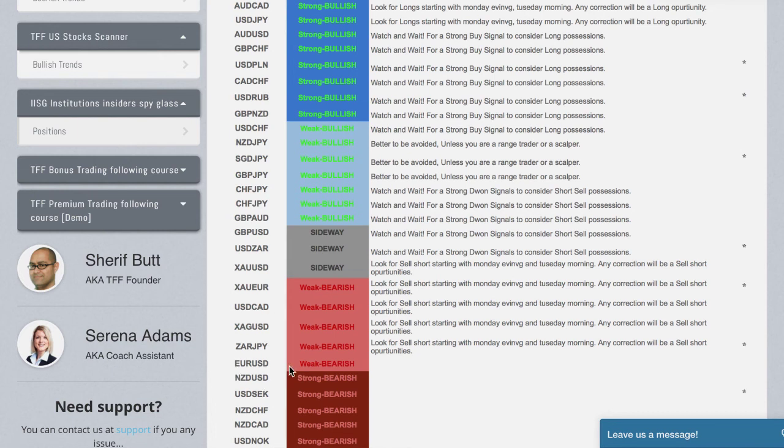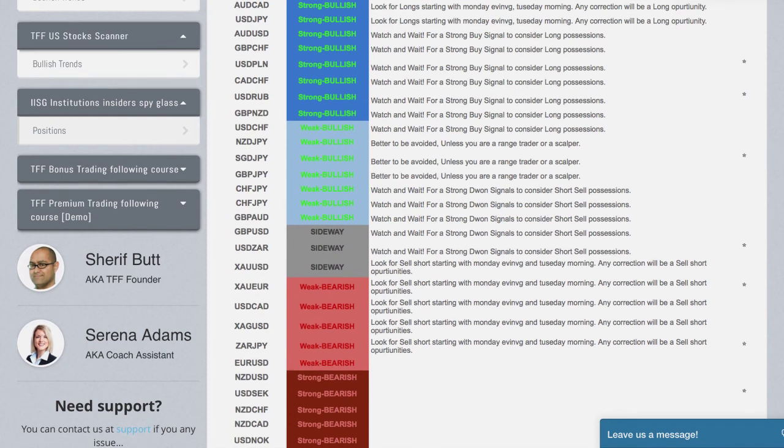Euro USD, actually the market or institutions have determined that it's better. They are actually selling Euro USD, which might actually give us a clue. It's actually weak bearish, so there's nothing really to say here.